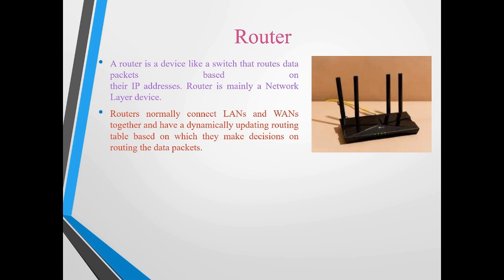For example, what do you mean by internet service provider? Just like Airtel is one kind of internet service provider, Jio is one kind of internet service provider, BSNL is one kind of internet service provider. Means who is providing the internet services to us.